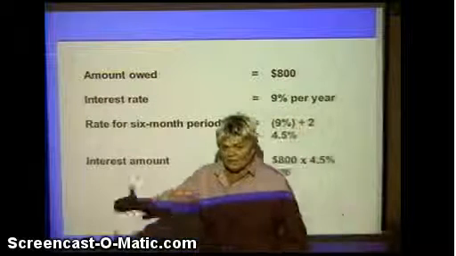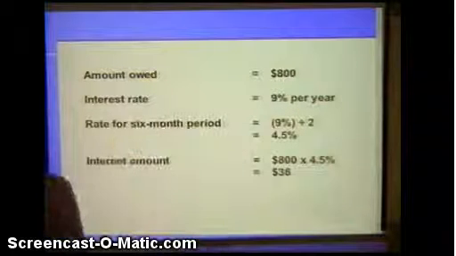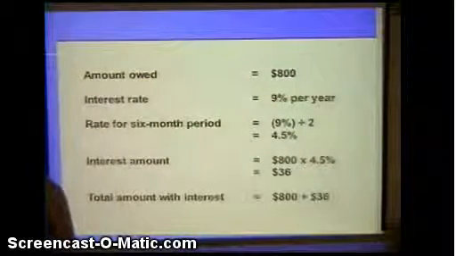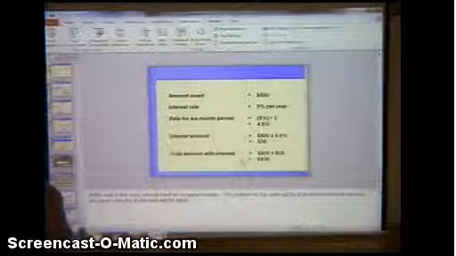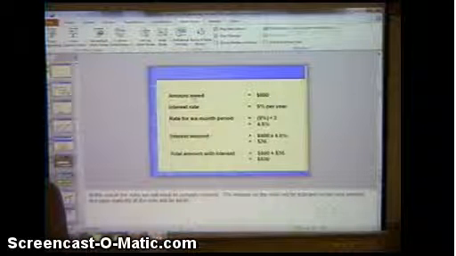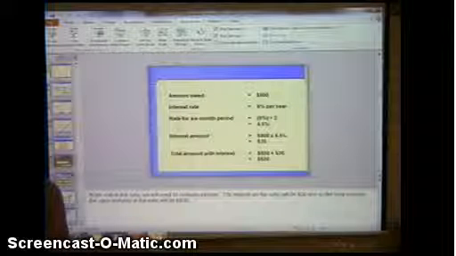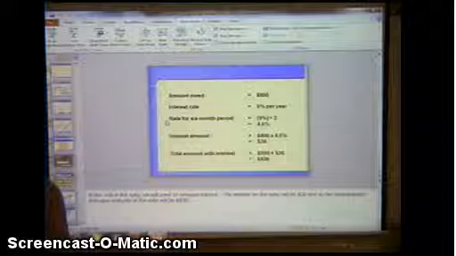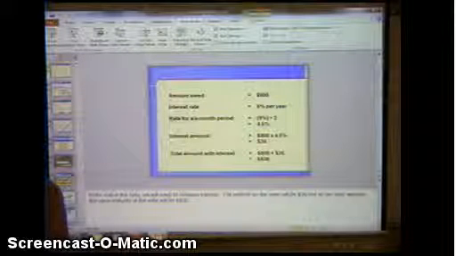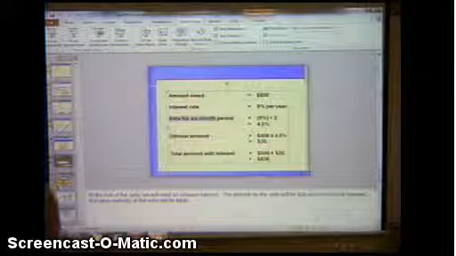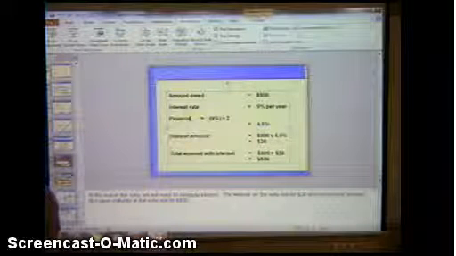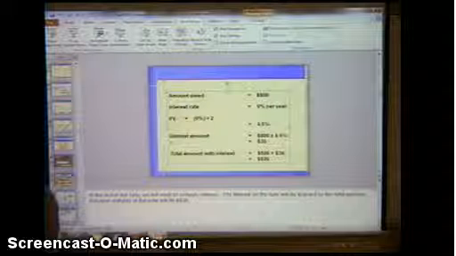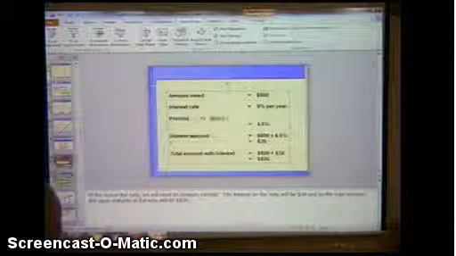In fact, I'm going to show you another way to do it right now, just so you've got both. If the amount owed is $800, we're saying 9% for a year. Then how it's going to be taught to you in math is principal times the rate times the time.